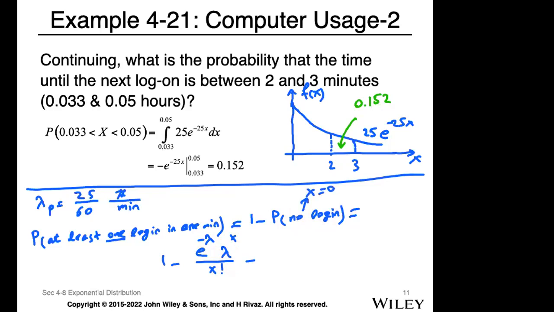So I plug in x equal to 0. That's going to be 1 minus e to the minus 25 divided by 60, times lambda to the power 0 divided by 0 factorial, and that's 1 minus e to the minus 25 divided by 60.